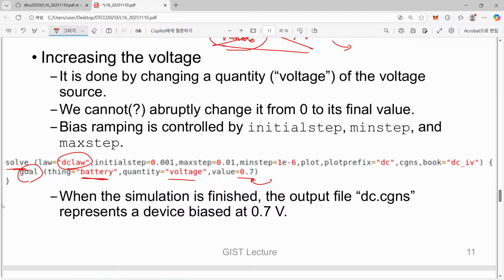For that purpose, the simplest way is just to jump to 0.7 and try to solve this system. But unfortunately, in many cases, it fails. So directly jumping to 0.7 volt would be too dangerous, too risky. Instead, slightly jump to a relatively small value first.